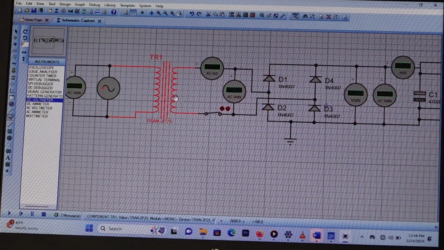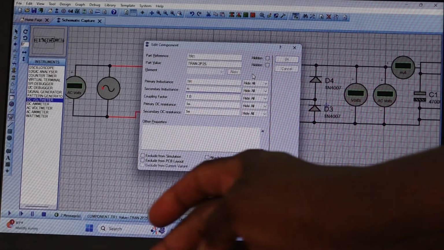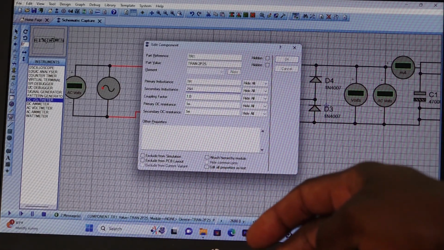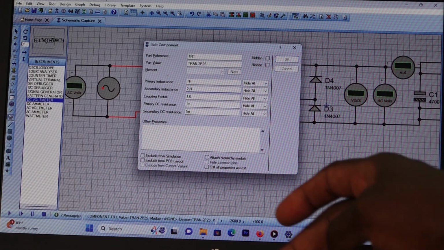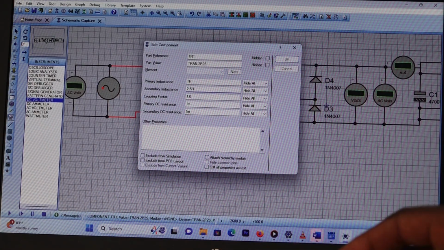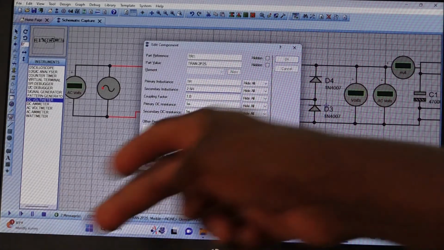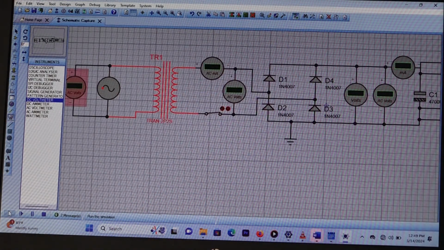So let us restore our previous setting. This one is 2.5 millihenry. So you have to make sure that you use a step-down transformer.